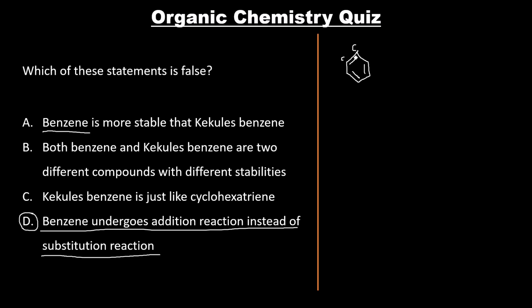It is localized. So there is double bond, single bond. But the Kekule structure went on to suggest that benzene actually has two distinct forms, which can be interconverted through a process called resonance. So what it's trying to say is that this structure here can actually also exist in this form.